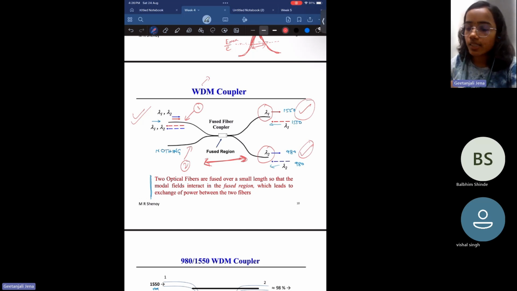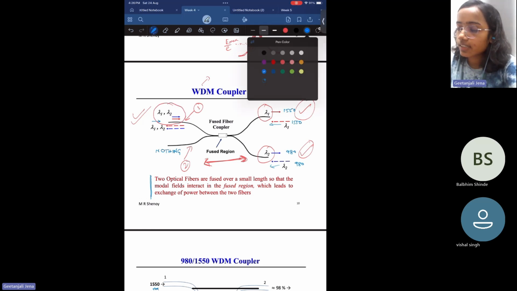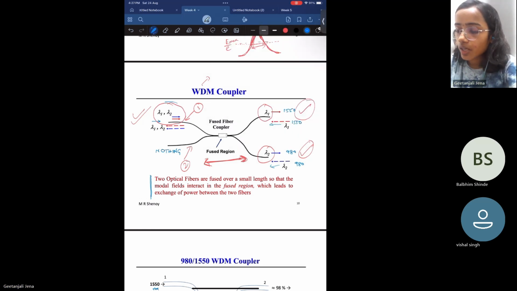So it basically separates out the wavelengths, or it can also combine wavelengths in a single fiber. In the first case, we incident both lambda 1 and lambda 2. Lambda 1 and lambda 2 are nothing but the pump laser, which is 980 nanometer, and the signal, which is 1550 nanometer. If you couple these, what will happen?